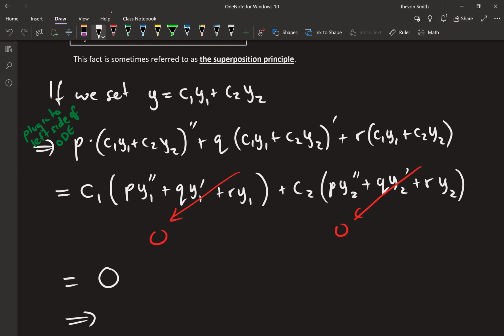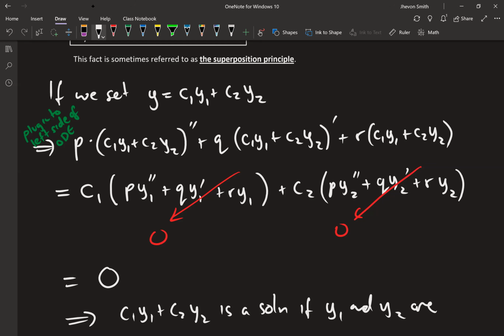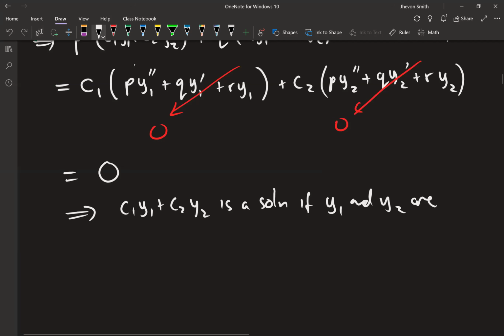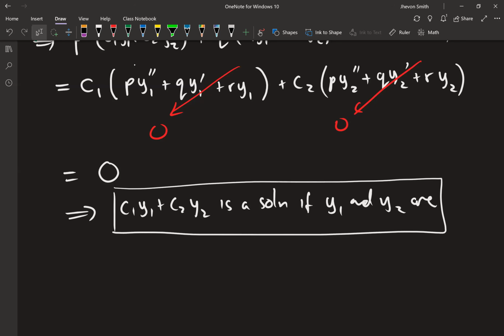And so C1y1 + C2y2 is a solution if y1 and y2 are. So if I have two solutions to an ODE, then any linear combination of those two solutions will also be a solution.